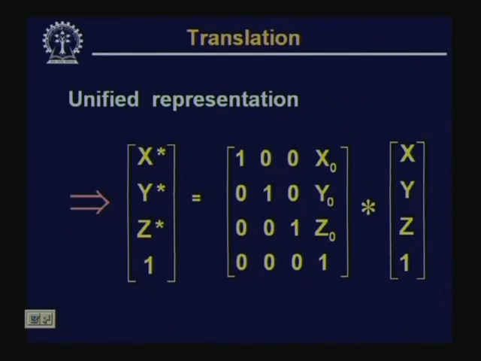So, the unified representation is x star, y star, z star 1 equal to the translation matrix 1 0 0 x naught, 0 1 0 y naught, 0 0 1 z naught, 0 0 0 1, multiplied by the column vector x y z 1.